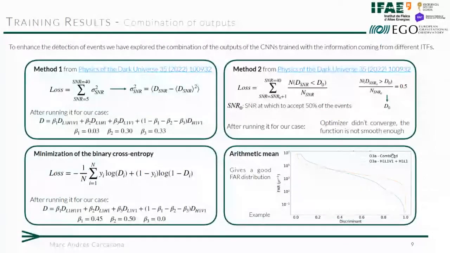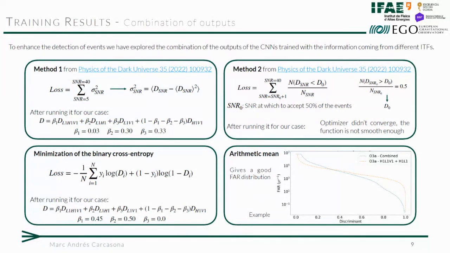But also, another thing that we wanted to do is try to combine the results from different CNNs. Since we've trained 7 of them, we thought that maybe it was interesting to combine the results from different ones and, let's say, lower the probability of noise triggering the neural nets. Because in the end, if there is an event, all of them should agree that there is an event there.